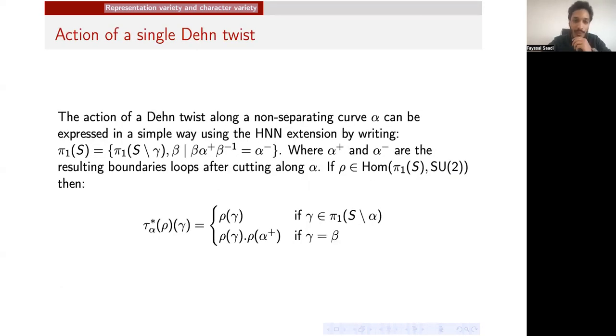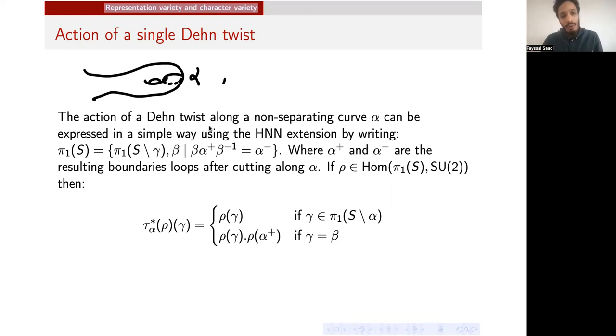So now we'll discuss a simple action. Let's say alpha is a simple closed, non-separating curve.